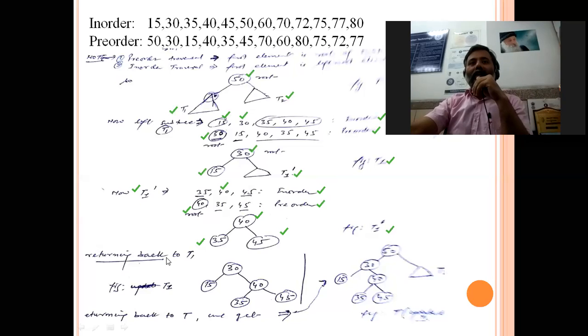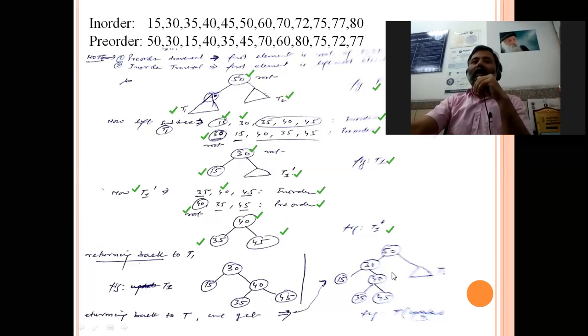We can return back to T1 and put this value of T1 dash. So we got T1 as 30, 15, then 40, 35 and 45. And now returning back to the tree T, this T1 will be replaced and it will become 50 with this left subtree, and T2 remains the same.